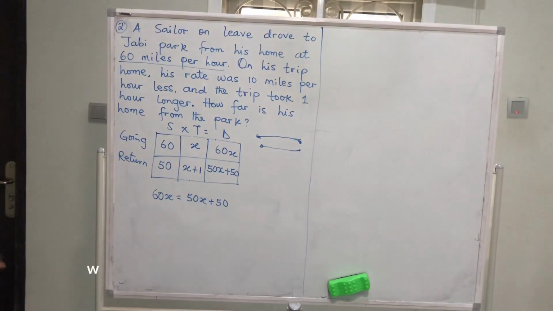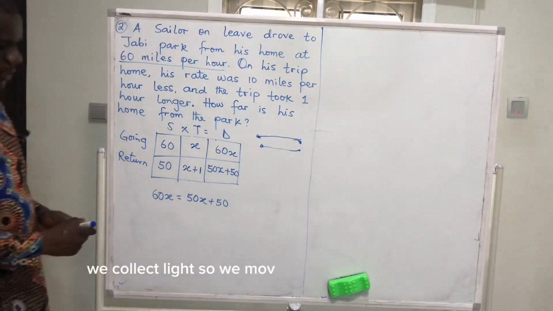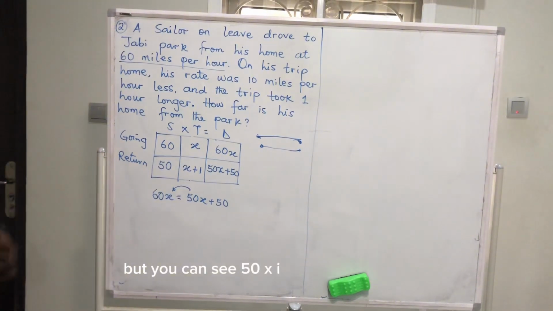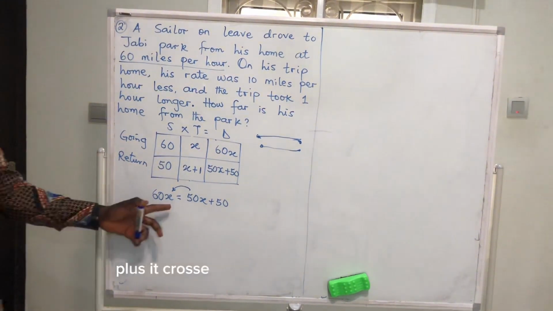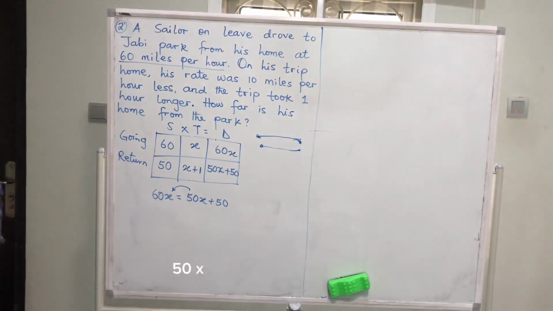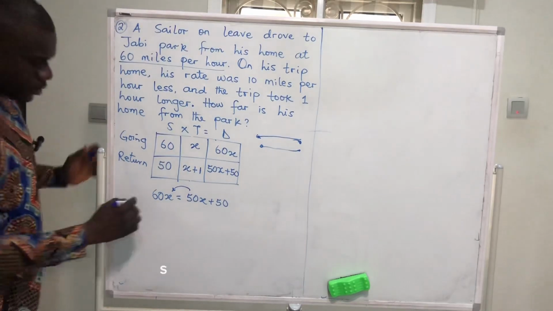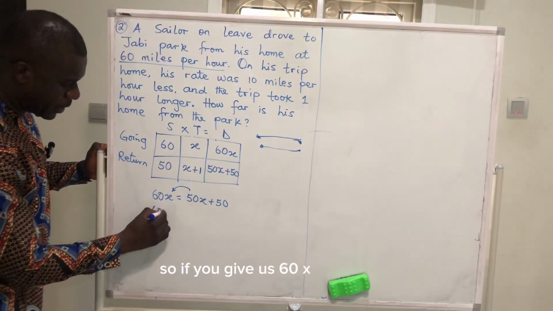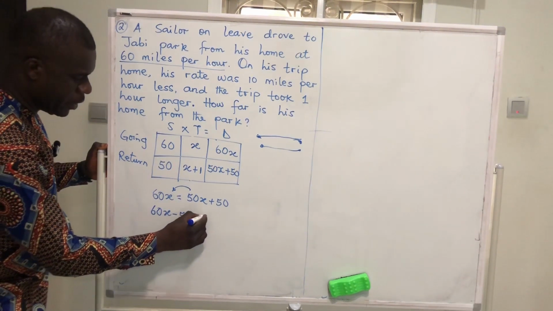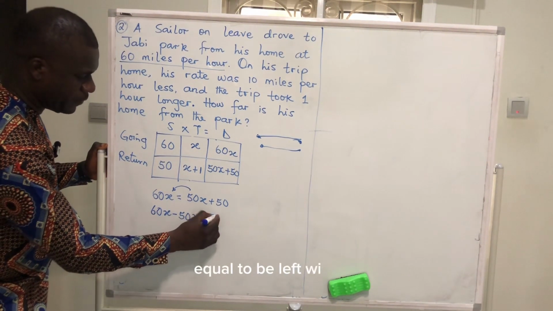At this point, we collect like terms. So we move 50x to the left-hand side. But as you can see, 50x is a positive value. So as it crosses this equal to sign to meet 60x, 50x will change to negative 50x. So it will give us 60x minus 50x equal to, we'll be left with 50.